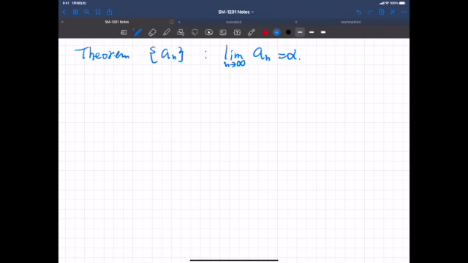Then, if there is a real number a such that a_n greater than or equal to a holds for infinitely many n's.